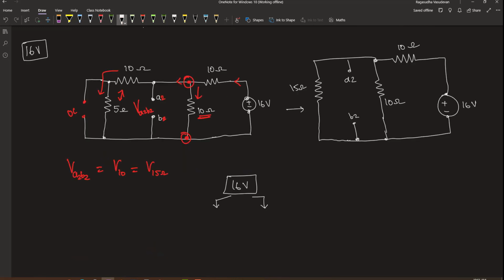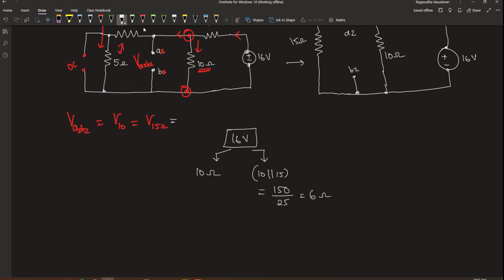This 16 volt is shared by the 10 ohm resistor and this 10 ohm in parallel with 15, which is equal to 150 divided by 25, 6 ohm. So this is the voltage across this 6 ohm resistor. By the voltage division rule, this is calculated as 16 into 6 divided by 16, which is equal to 6 volt.